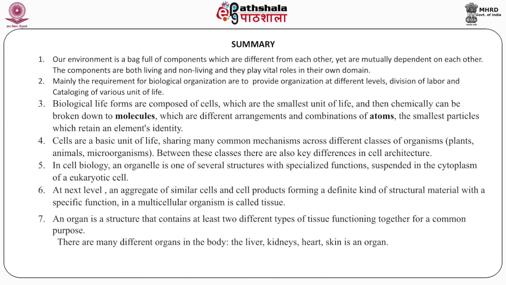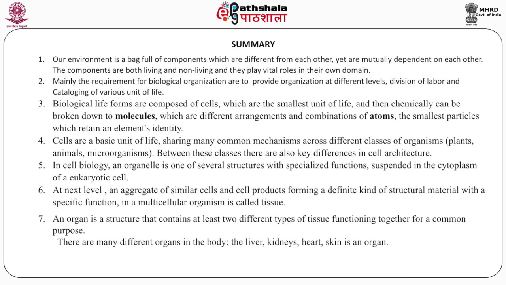Second point, the main requirements for biological organization are to provide organization at different levels, division of labor, and cataloging of various units of life. Biological life forms are composed of cells, which are the smallest unit of life, and chemically can be broken down to molecules, which are different arrangements and combinations of atoms, the smallest particles which retain an element's identity.